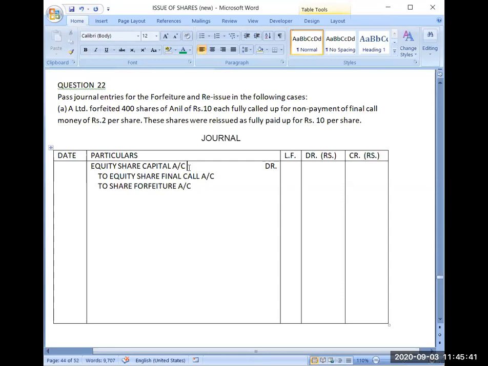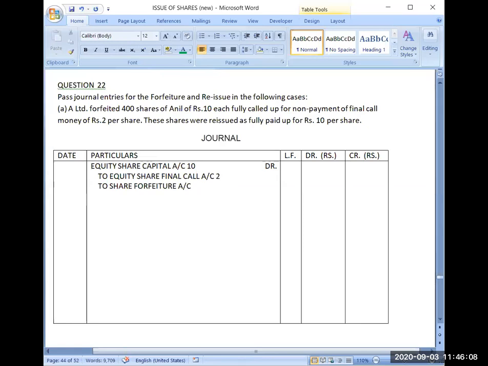Listen to the question carefully. Yes, per share it is rupees 10. Then the final call per share which is not received. Yes, it is rupees 2.